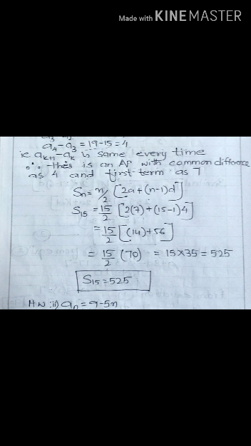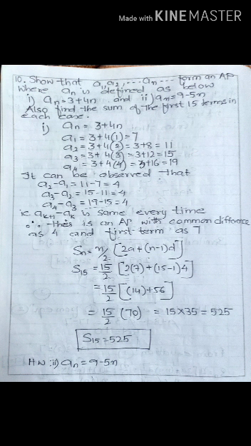Therefore, to find the sum of the first 15 terms, we get n equals 15. Sn is given by the formula n by 2 into (2a plus (n minus 1)d). n is 15, so 15 by 2 into (2 into 7, a is 7, plus (15 minus 1) into 4, d is 4).